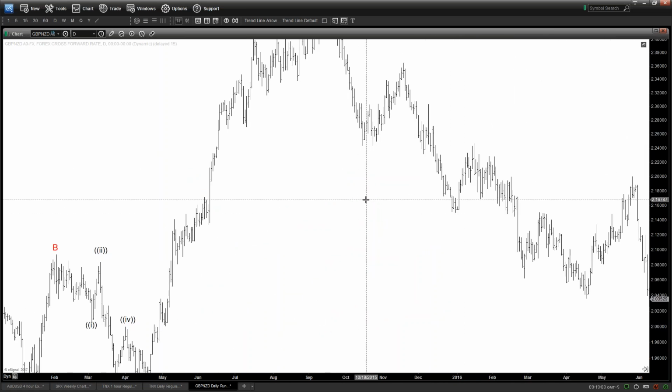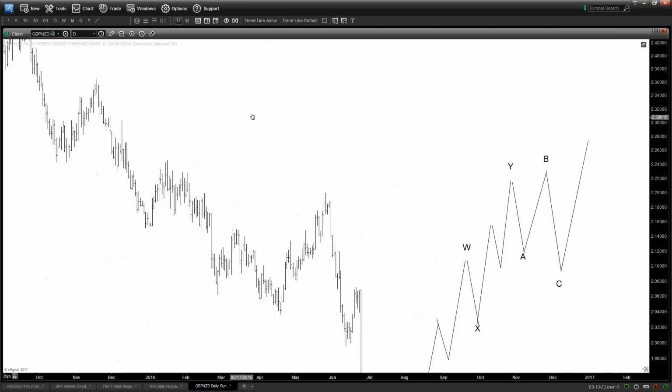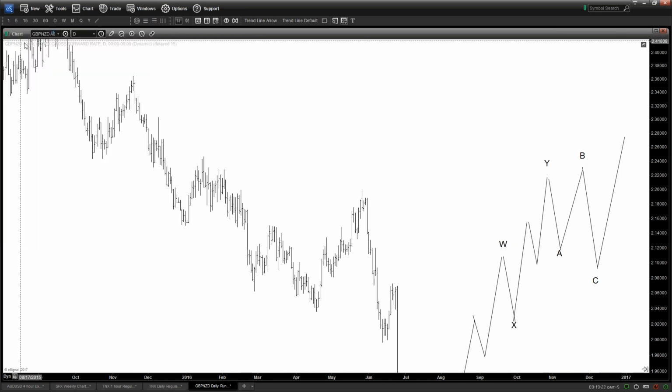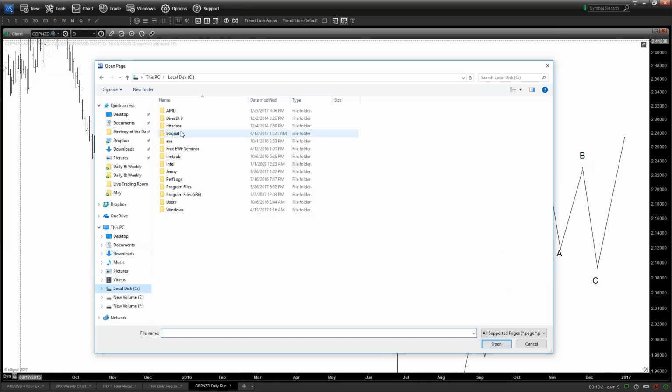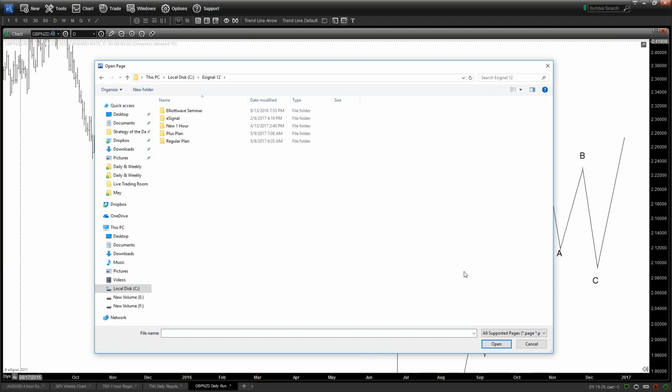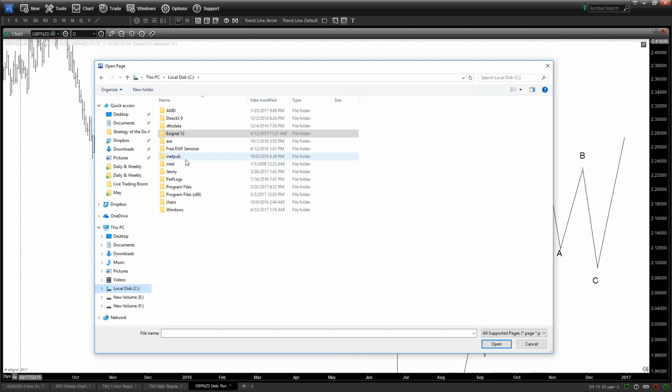All right, so Amit wants to look at an example of a stock. The problem with this, Amit, is I don't think my eSignal here has the possibility to look at a stock.